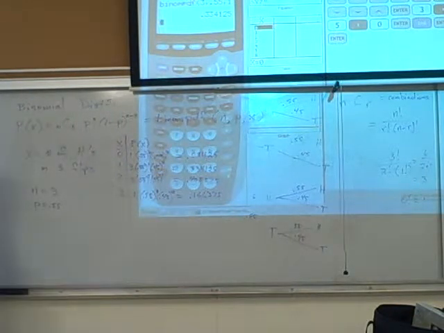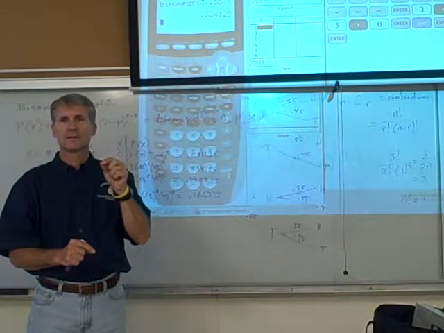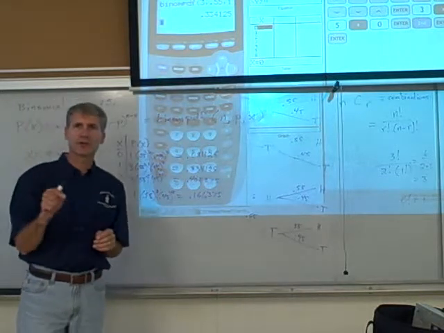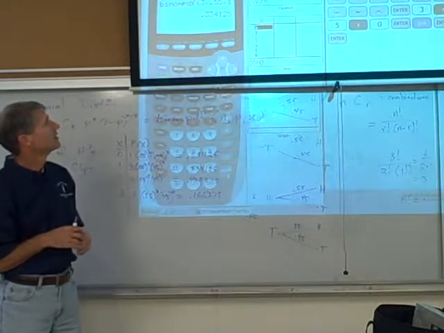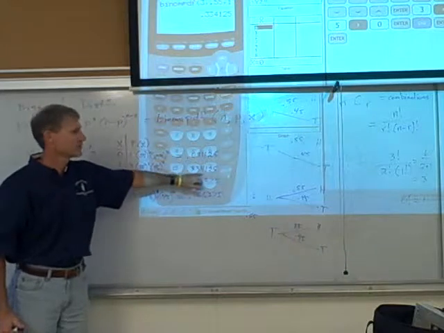Question? What was that shortcut you just said? Second function enter. It pulls up the last thing you did. And then you can use your arrow to go change the 0 to a 1. Okay? So you should have gotten exactly what we have here, 0.334125.